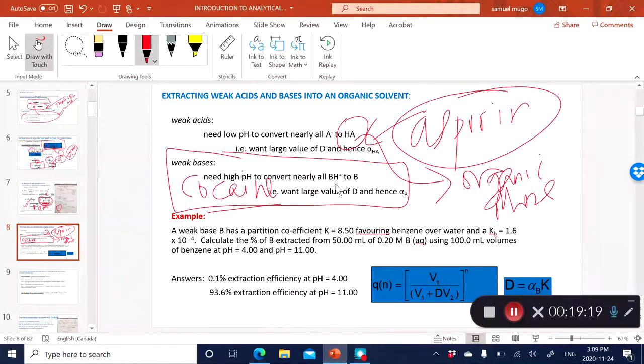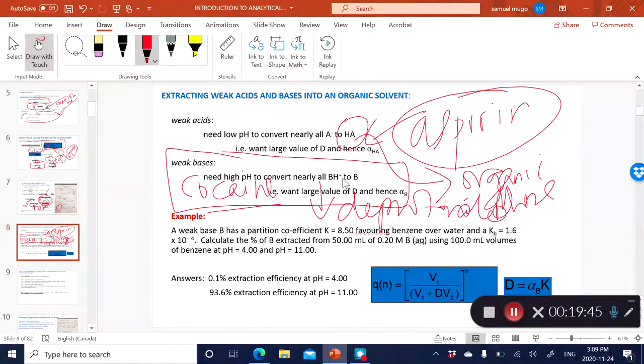So that this one is fairly neutral, and again, it's going to prefer to be in the organic phase. I hope that's clear. So you're extracting the weak acid, low pH, so that all of it is protonated. If you're dealing with a weak base, you want high pH, so that all of it is deprotonated. Remember, this is deprotonated.